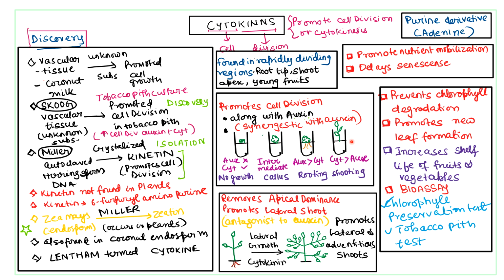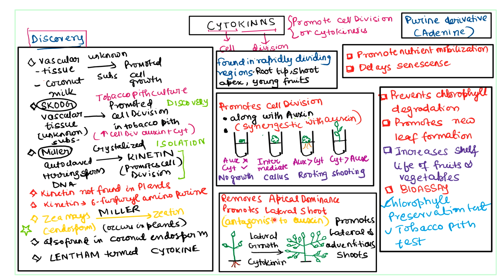In this case, it was found to be shooting of the callus. So in tissue culture experiments, cytokinin initially helps in the formation of callus. Later, shooting of the callus can take place when the cytokinin concentration is more than that of the auxin. So that is an important physiological role.